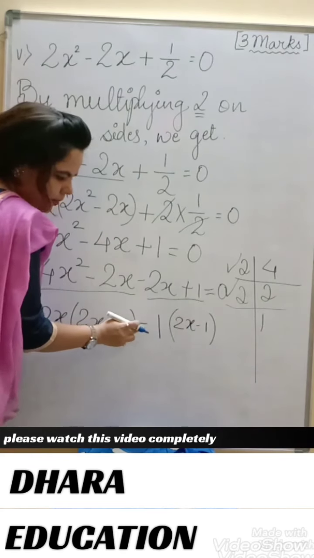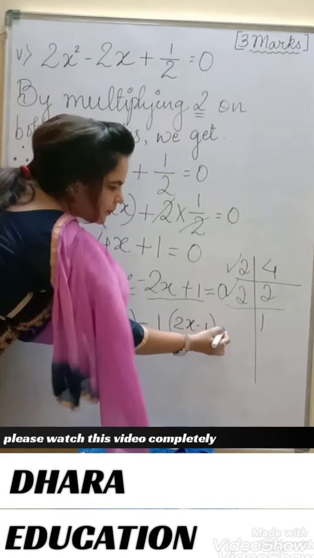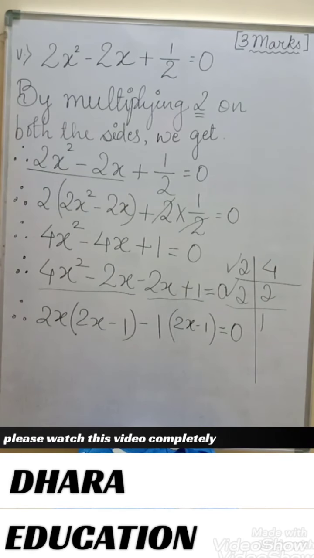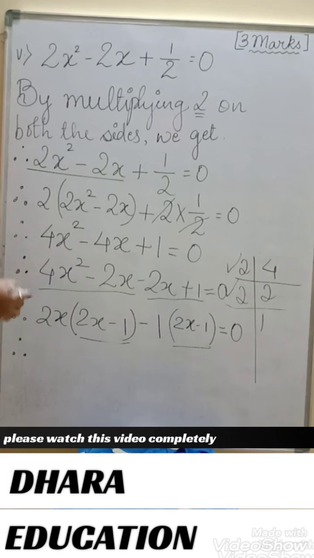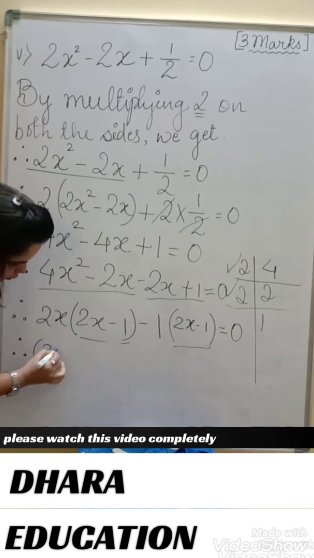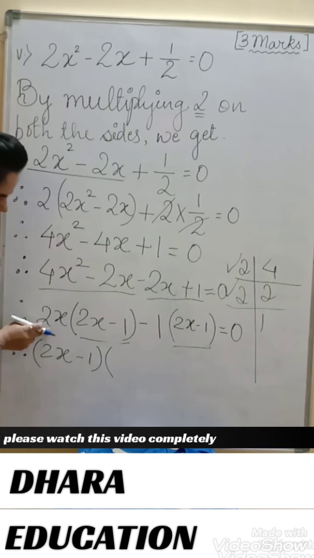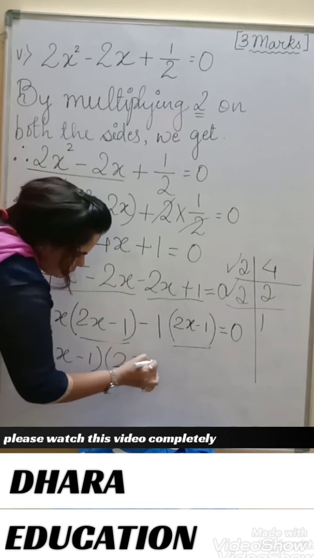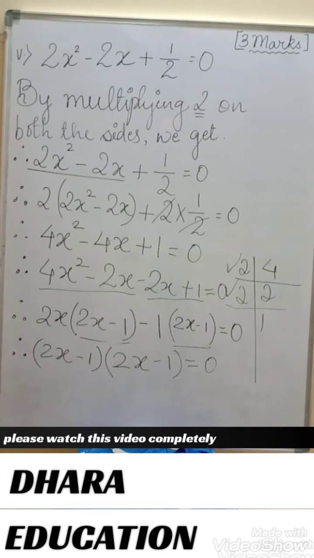Why plus 1? Because minus 1 gives you plus 1 is equals to 0. Please don't forget to write 0. Okay. So now we have to take this common, that is 2x minus 1, and what is remaining here? 2x minus 1 is equals to 0.